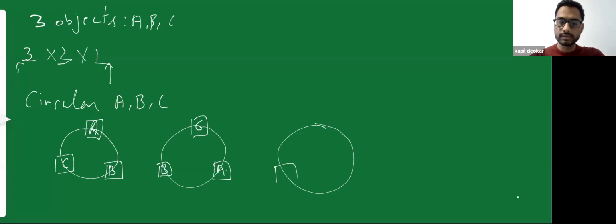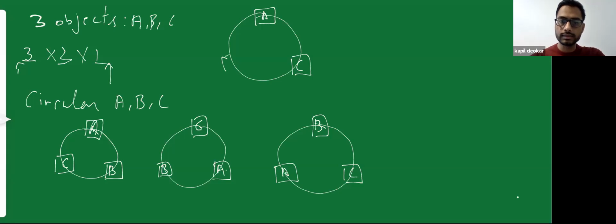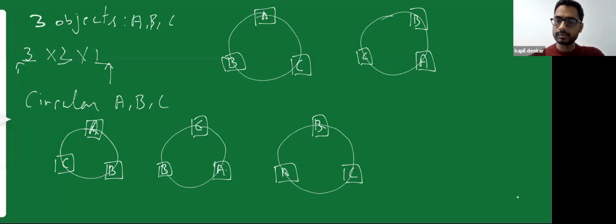Yes. I can say my starting point is A over here, B is over here, and C is over here. Is there any other way? Yes. I'll keep my starting point same, but instead of B, I'll write C and then B. Any more ways that we can think of? This and also this.